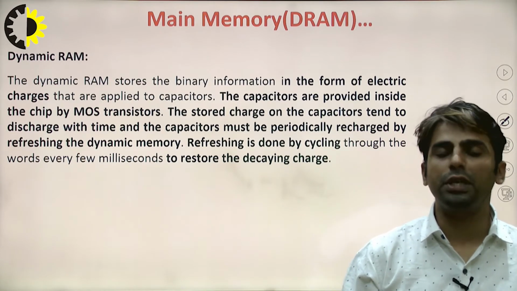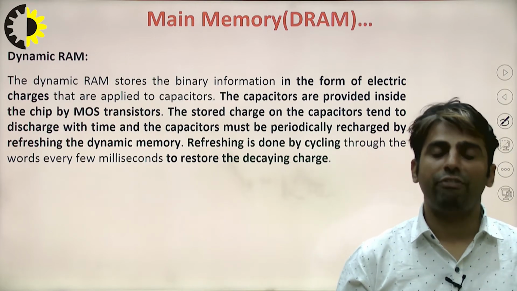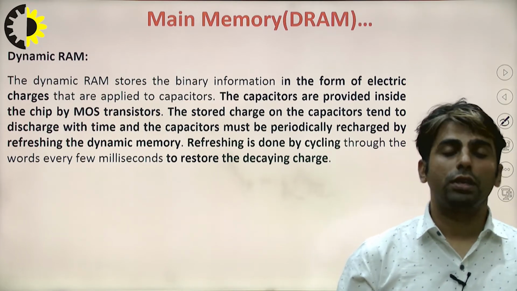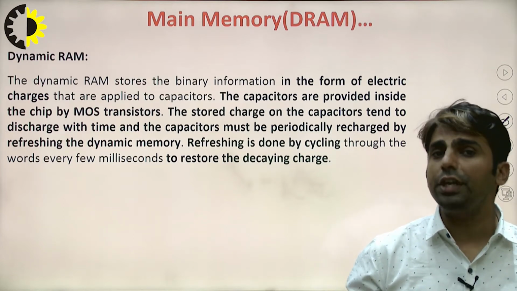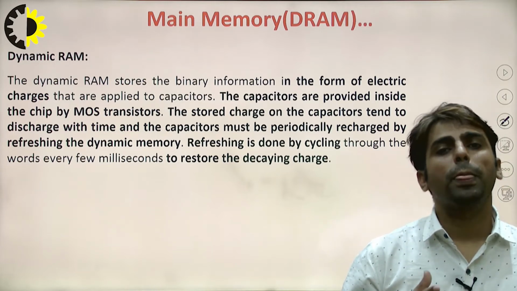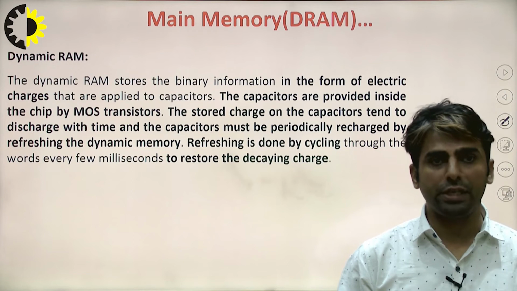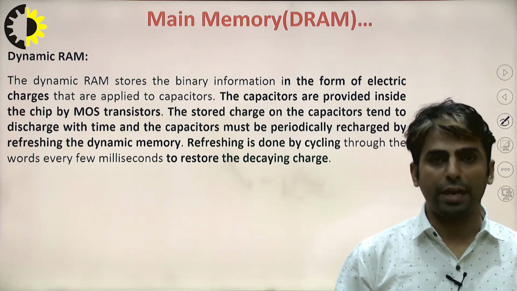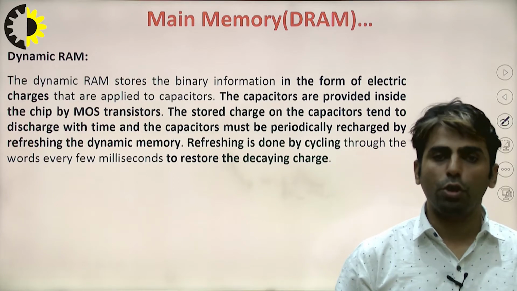So we have to understand that dynamic RAM is slower. What makes it slower is this decay of the charge, and the refreshing needed to restore it.